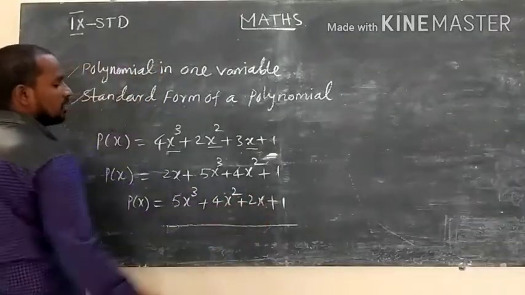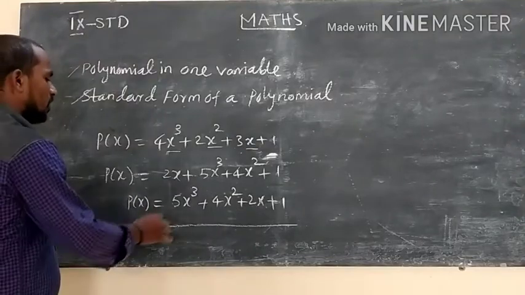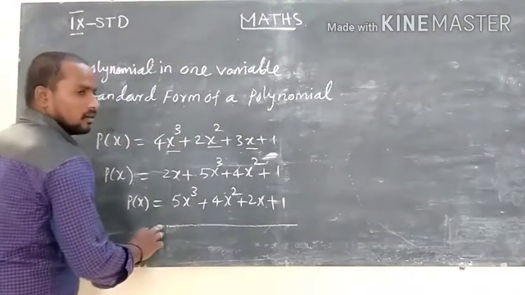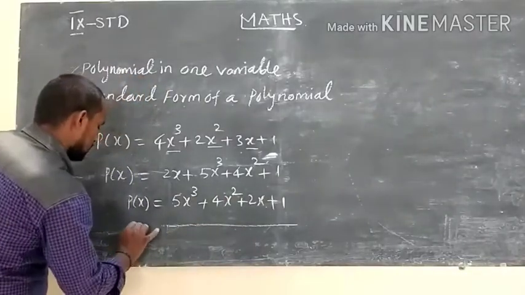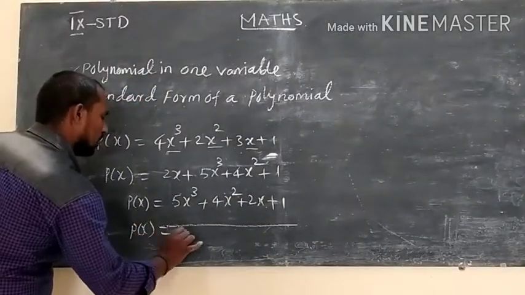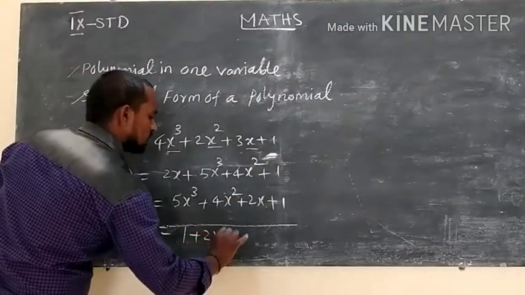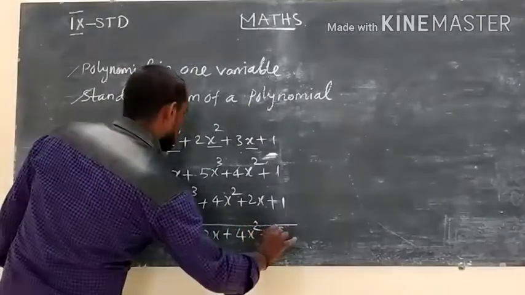This is the descending order. Or write in increasing powers: p of x equals 1 plus 2x plus 4x square plus 5x cubed.